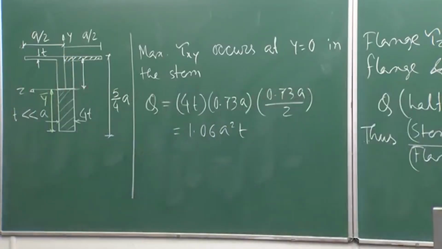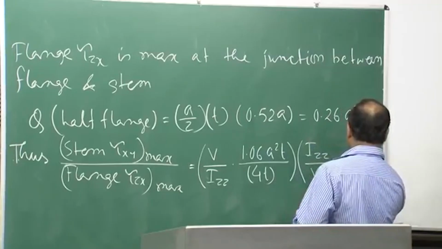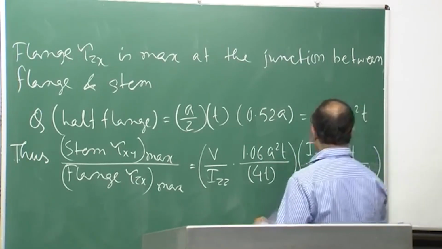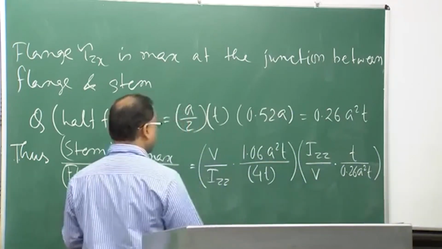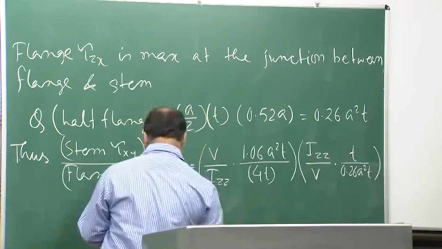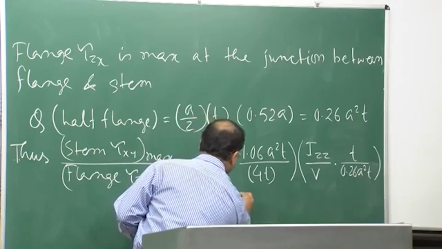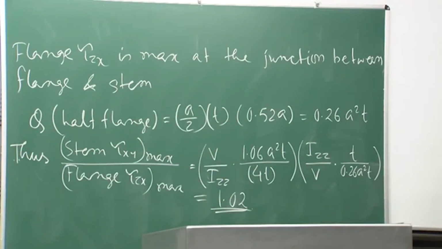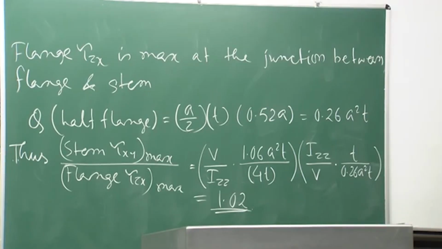So, t by 0.26 a square t, okay. So, from this I can get 1.02. Understood?